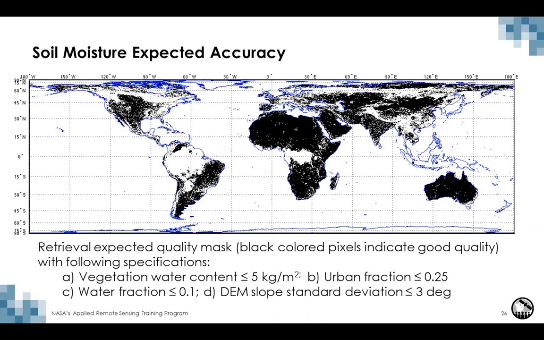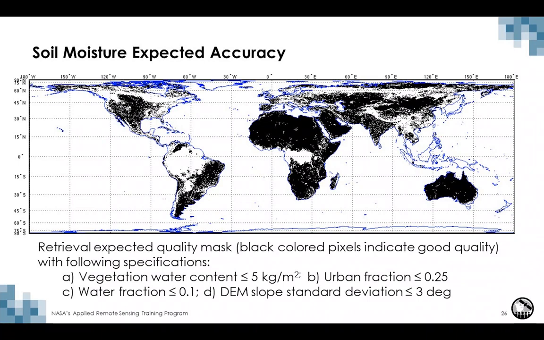And these are areas where vegetation water content is less than 5 kilograms per meter squared. So that means areas where the vegetation is not very dense. You can see that in the Amazon and the Congo Basin, the accuracy there is not to mission accuracy requirements because vegetation there is quite dense and you have a large signal from the vegetation. So it's harder to really get to the moisture in the soil.